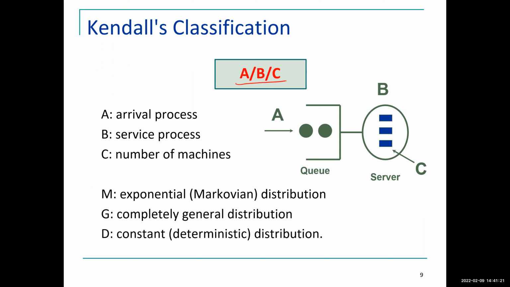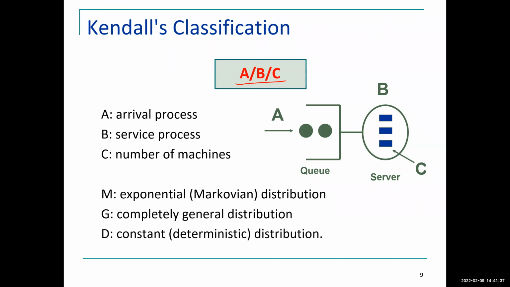For example, M corresponds to the exponential Markovian distribution. G represents the completely general distribution, and D represents a constant or deterministic distribution.